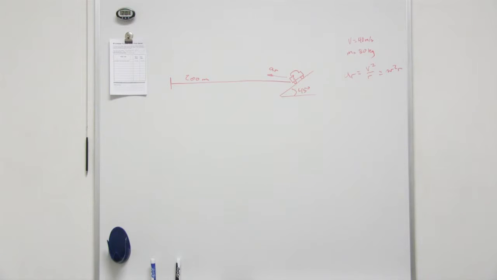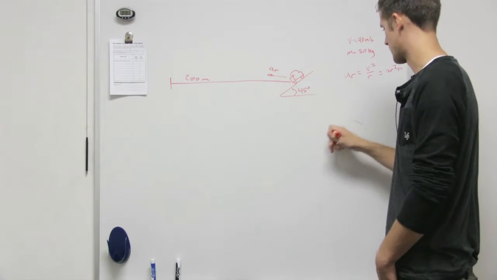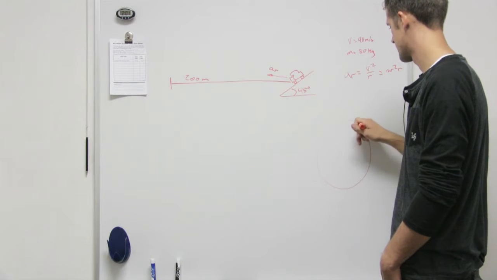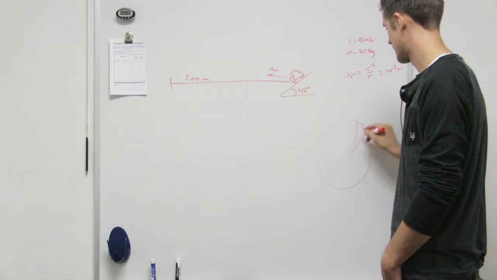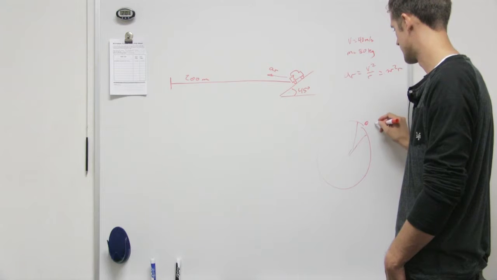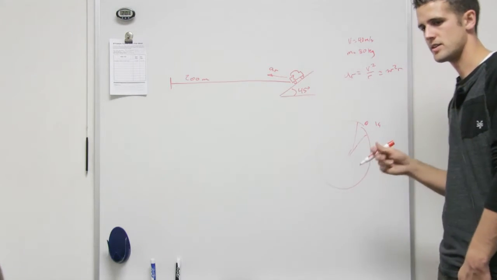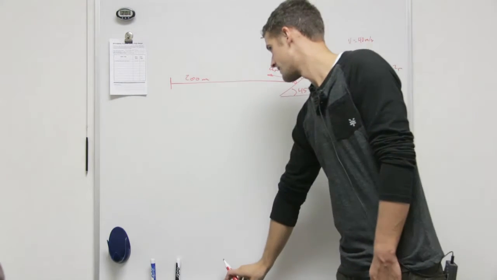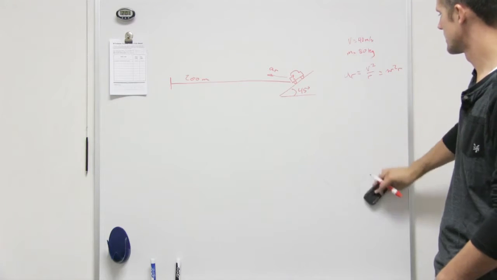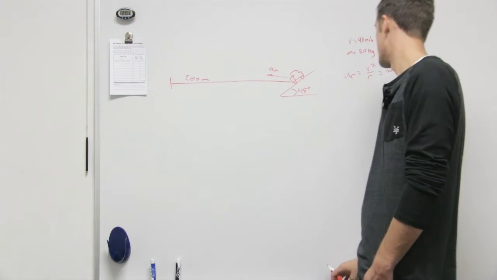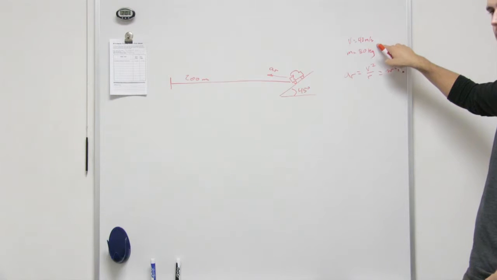That's going back to chapter 4. Omega is how quickly the angle is changing. So if you go this angle in 1 second, that would be your omega. But for this problem, we don't need omega because we're given a velocity, right?